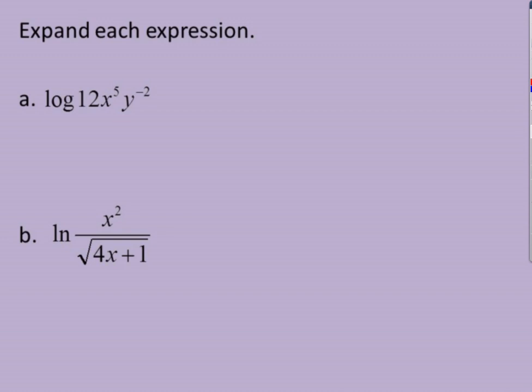Remember, multiplication, when you expand it, turns to addition, division turns into subtraction, and exponents get multiplied out front. So on the first one, let's make our multiplication into addition first.